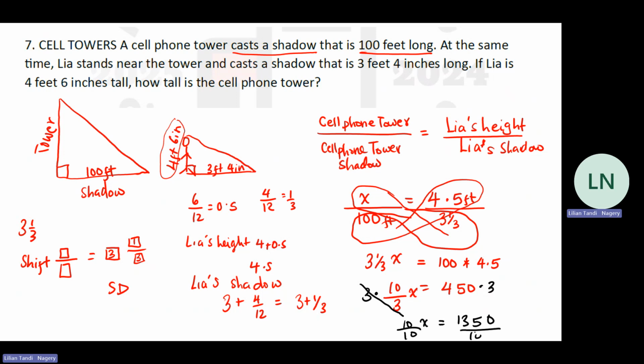Divide by 10, x is 135 feet. Then you write here the tower, because the question asks how tall the tower is. So the tower is 135 feet tall. And this is your answer.